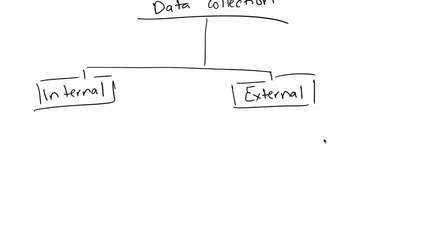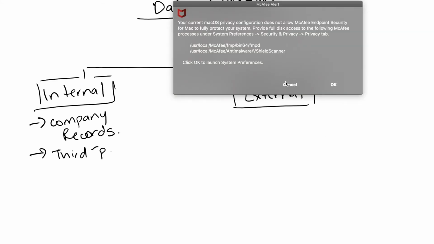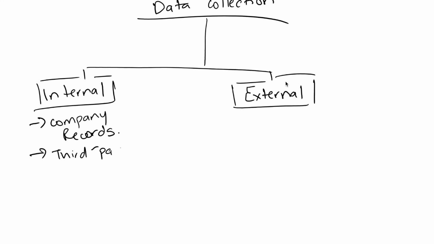Now, what sort of things are we covering in internal? This can be your company records or any sort of third party company records that we may acquire.